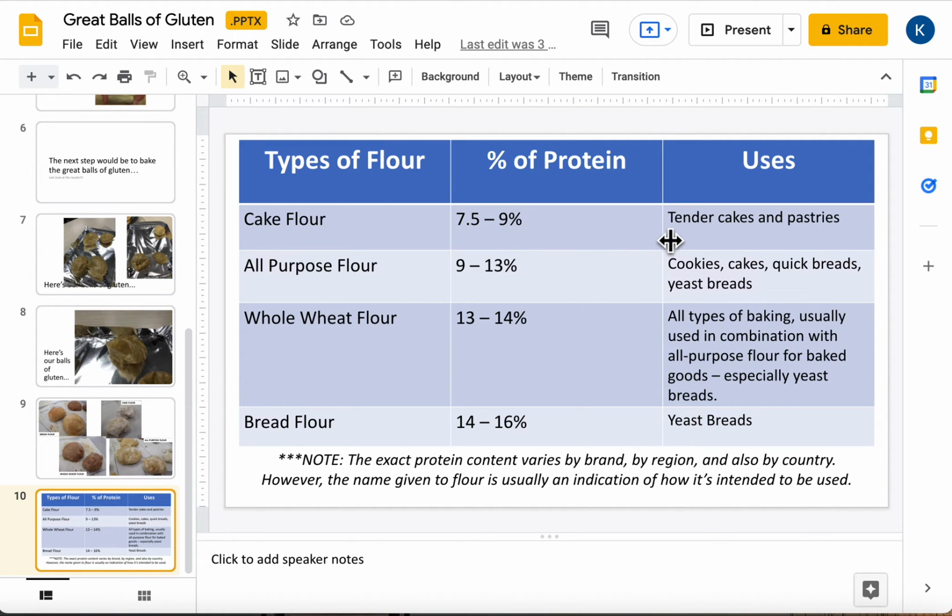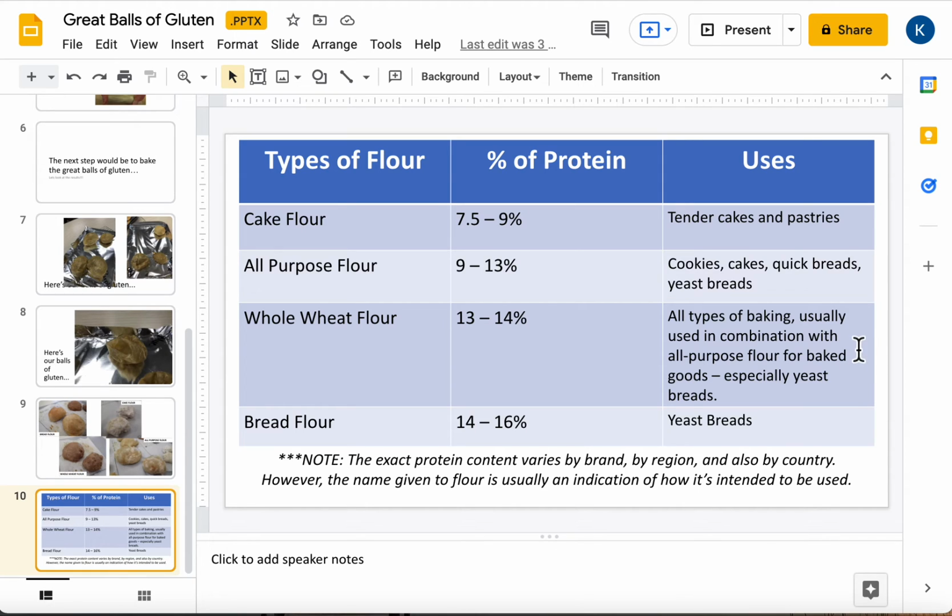So you are going to get a lot more tender, delicate product in the end. All-purpose flour is kind of right in the middle. That's why it's good for anything, really. I mean, that's why they call it all-purpose. But if you look at now whole wheat flour and bread flour, you can see the percentages are much higher. And that's why you're getting more specified products that you're wanting to use these flours for.